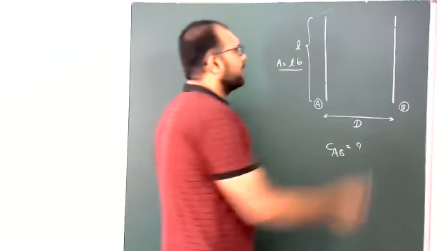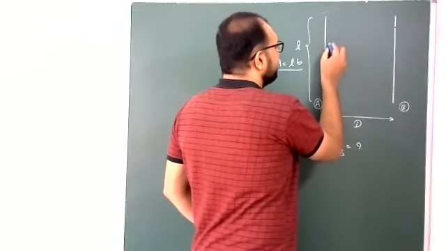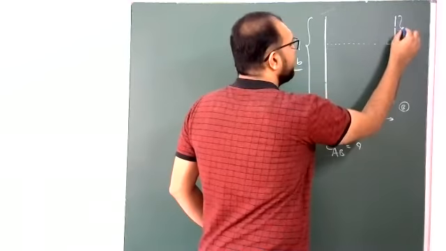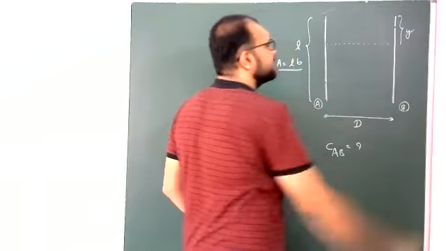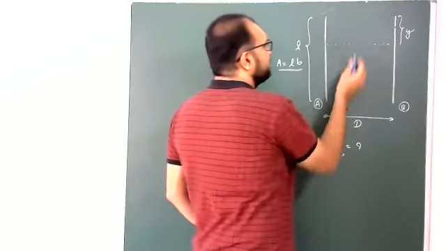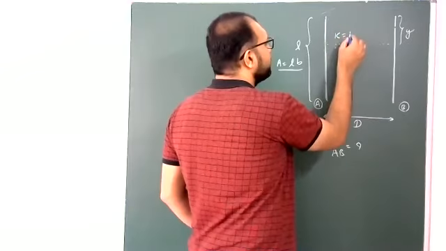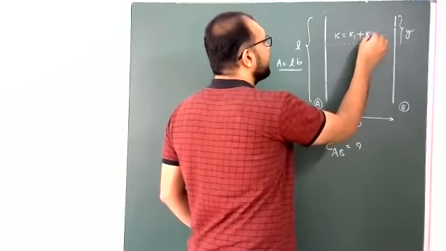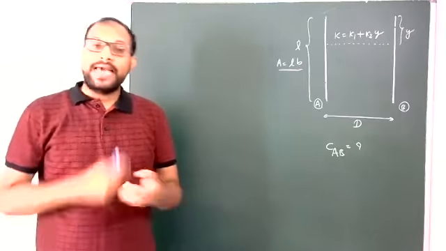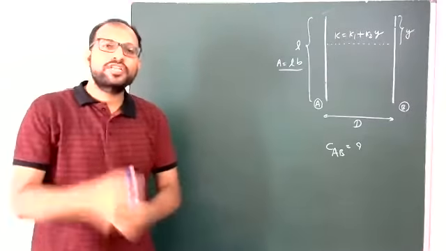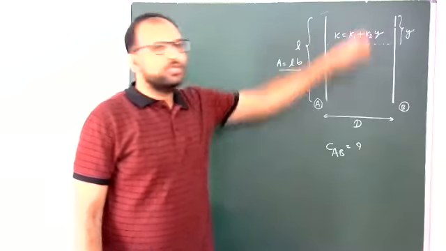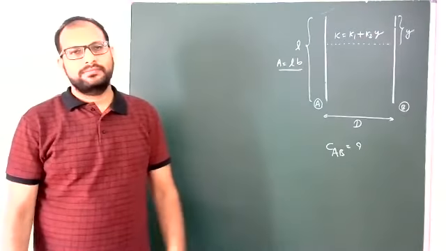Now, at any one location, suppose from here to here the distance is Y. Here, K equal to K1 plus K2 into Y, meaning the dielectric constant of the medium is continuously changing. If you take Y equal to 0, it is simply K1.